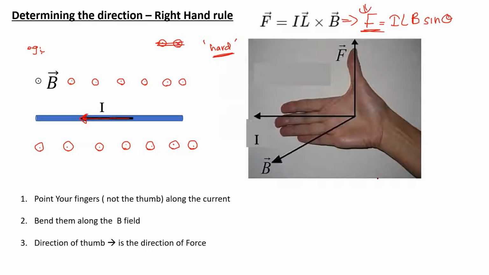After that, you need to curl your fingers towards the magnetic field. The magnetic field is out of the plane, right? So towards your face. So I'm going to curl my fingers towards my face. The direction that my thumb points is the direction of the force.